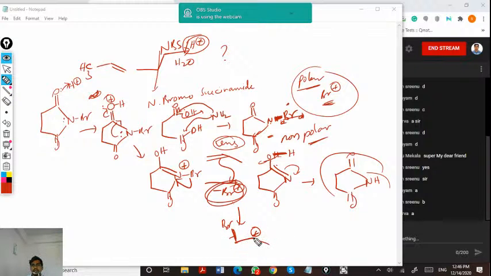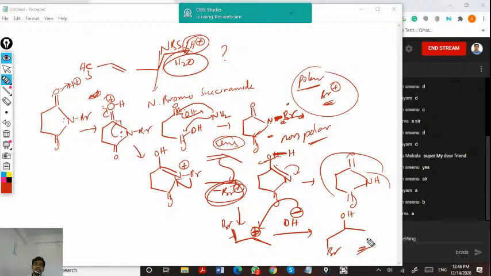Till this it is okay, but here we have also taken H2O, where OH minus is available as a nucleophile. So that's going to attack again, so it will become OH and this becomes bromine. So this could be the final or major product. There might be many possibilities, but the major product will be this.